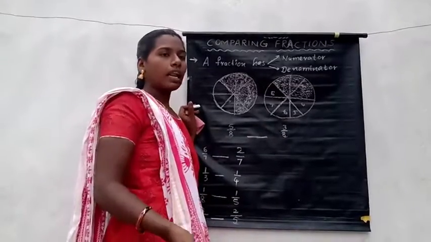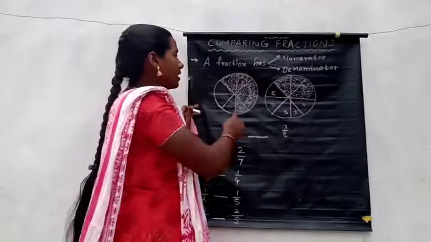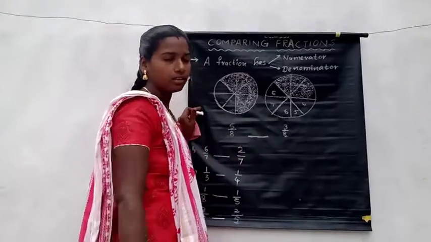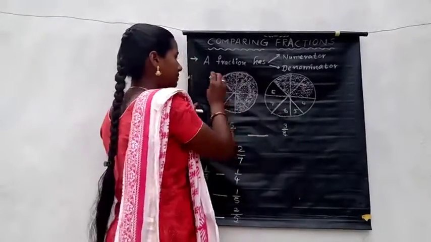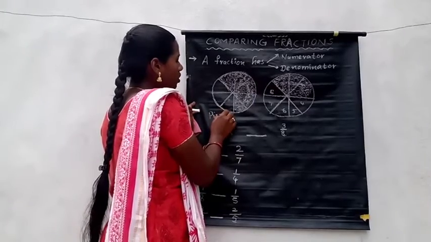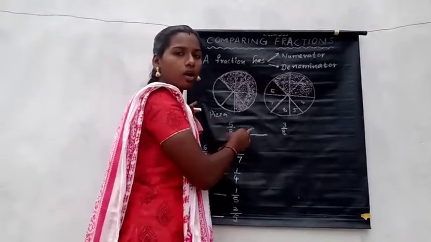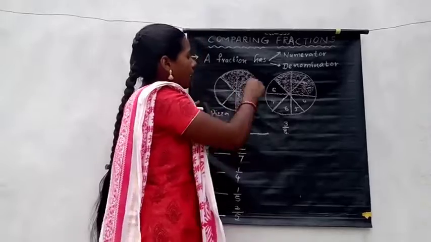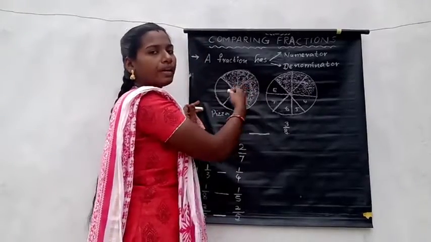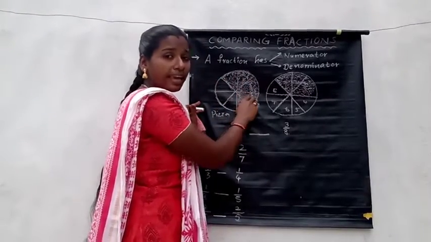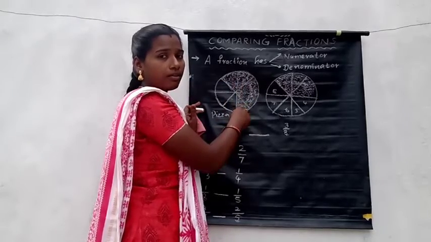Suppose I would like to explain it simply to you. If these two are pizzas, think these two are pizza pieces. Who ate more, the first one or the second one? See here, one pizza is there with me. I have divided it into 8 equal parts and I have eaten 5 parts.